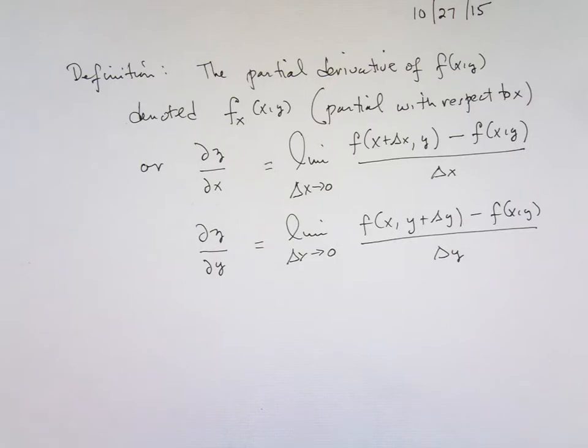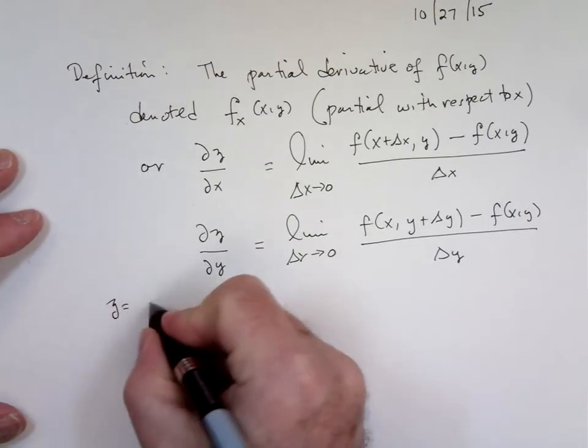That would be the partial derivative of that function with respect to y. So in this direction, partial derivative with respect to x. In this direction, partial derivative with respect to y.